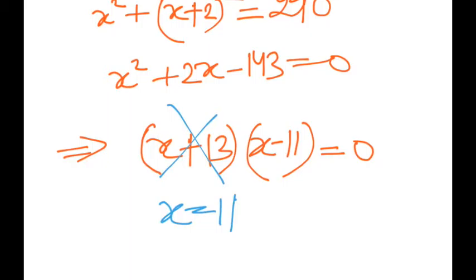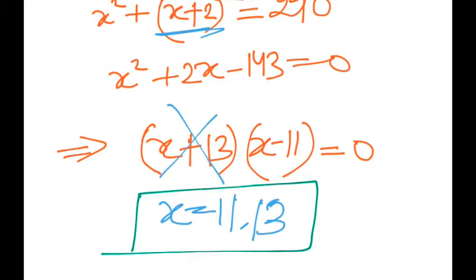The first number, and the second number is x plus 2, so 13. These are the two numbers.